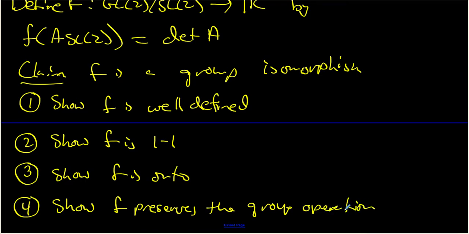So we're going to look at each one of these things. We want to show that it preserves the group operation. And we're going to look at each one of these questions individually. So the first question, is f well defined?